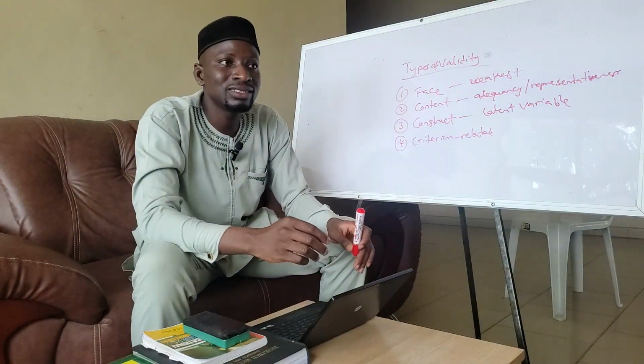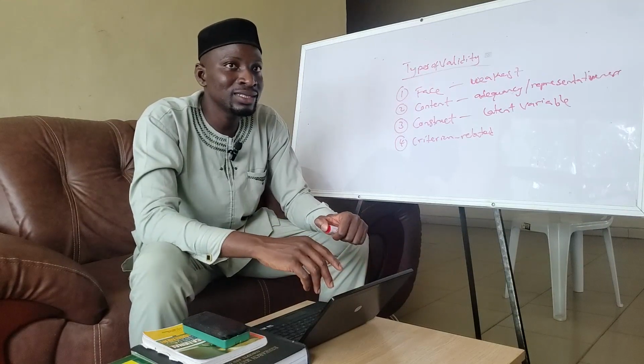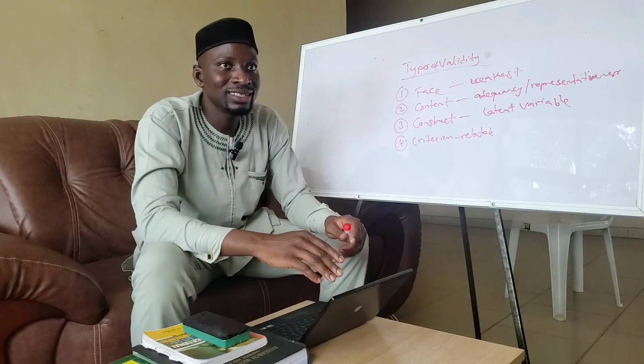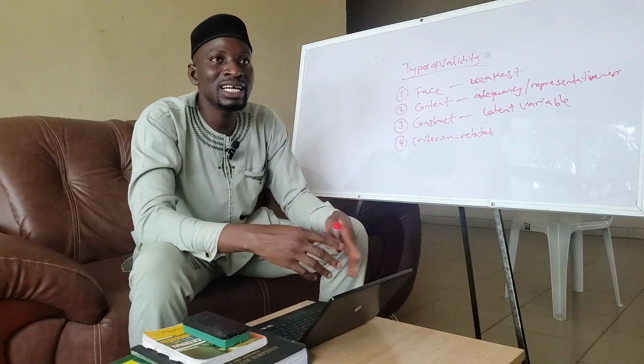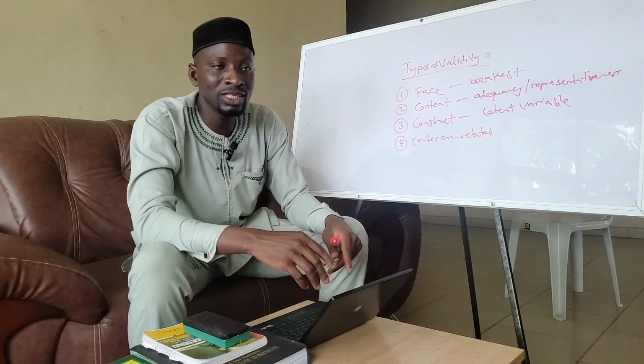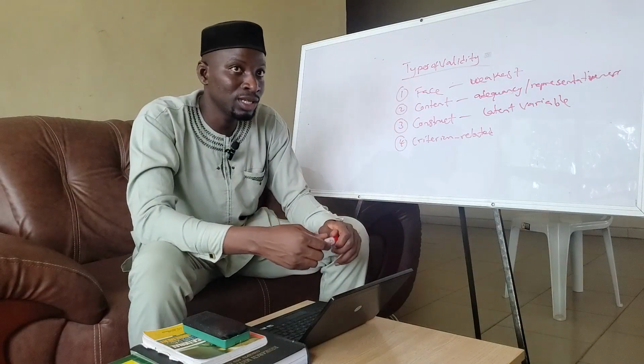Somebody that has a phobia of using computer but is very good in mathematics, it will affect the mathematics construct, because that will affect maybe the speed and accuracy of the person or the usage, and the person will not be able to attempt those questions truly well.